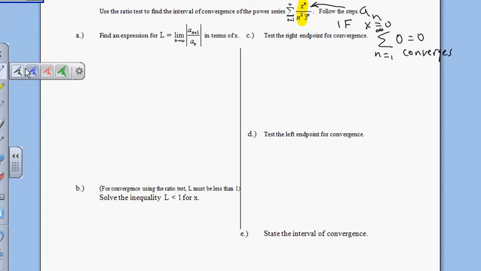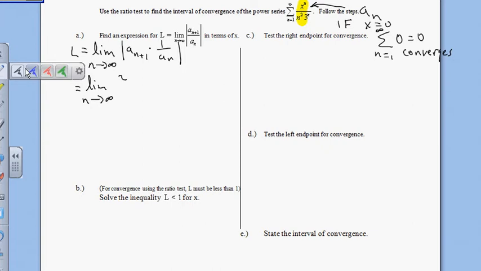So let's begin by writing L equals the limit as n increases without bound of the expression. As we did before, computationally it's a lot easier to do the absolute value of a sub n plus 1 times the reciprocal of a sub n. So let's go in there. Everywhere we see n in a sub n, let's replace that n with n plus 1.